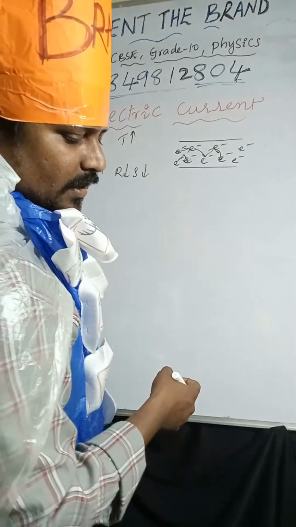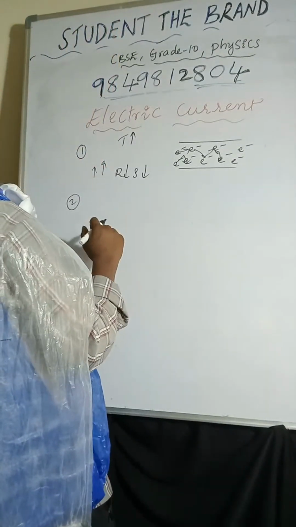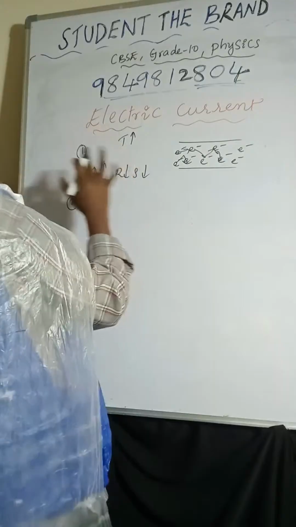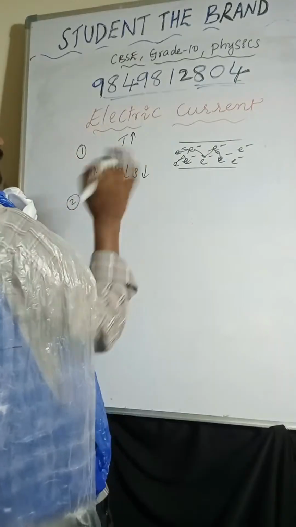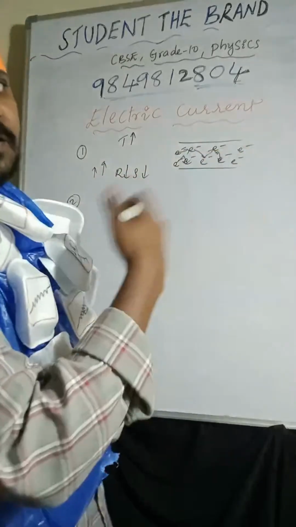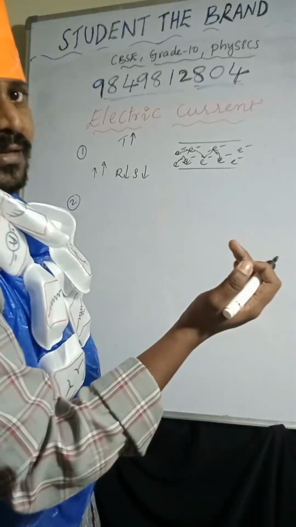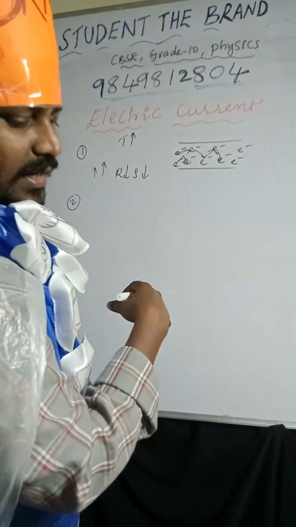Okay. So now you can observe. Electrons will collide with each other, bombard each other. Collisions will take place frequently. Then what happens?